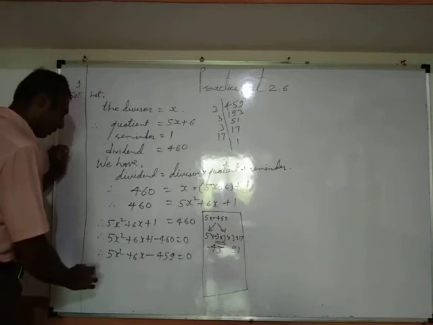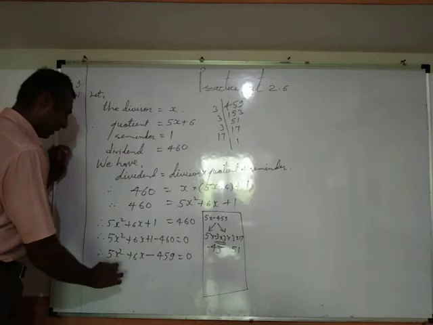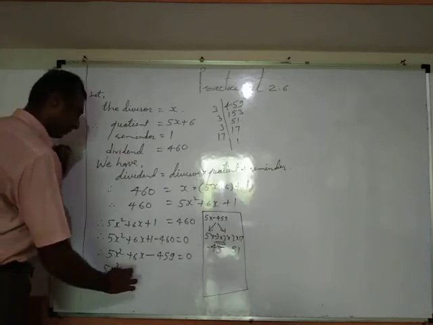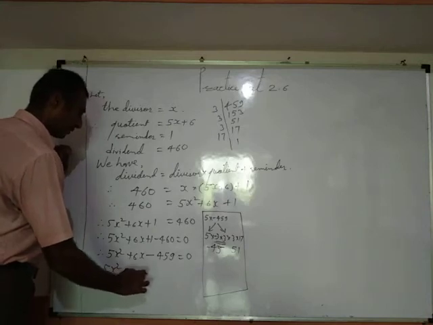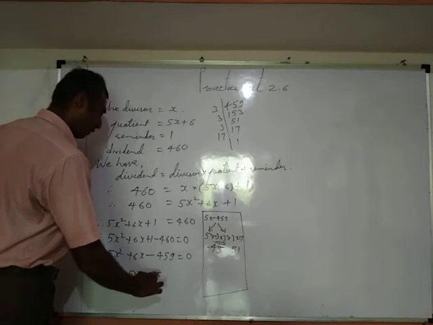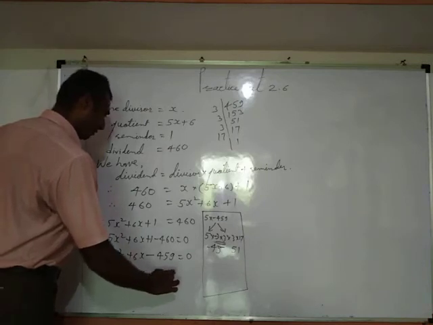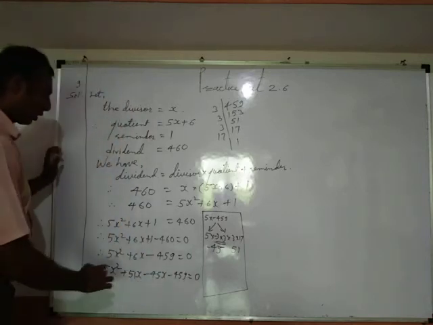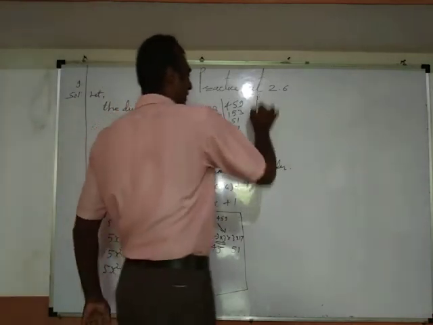And therefore the equation will be 5x square plus 51x minus 45x minus 459 equal to 0, or we may rearrange again.